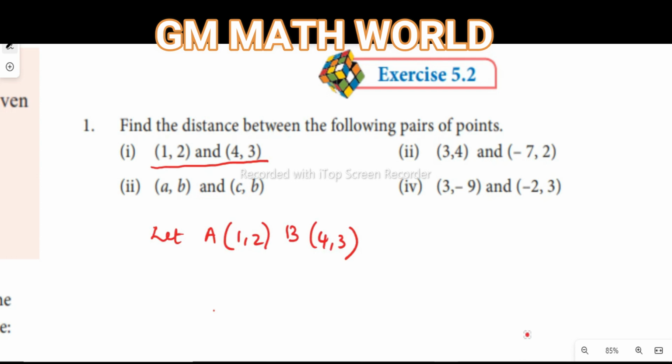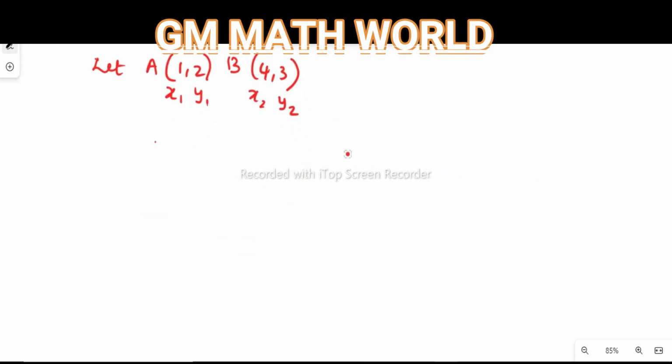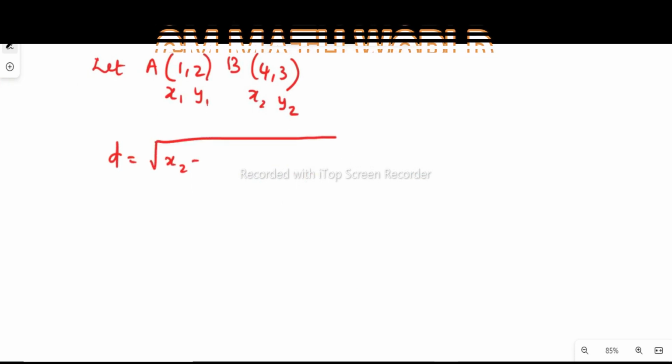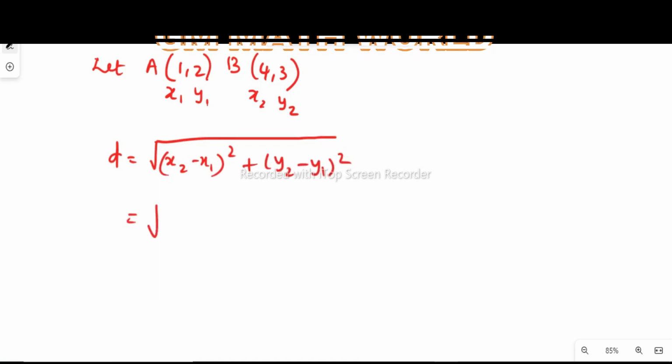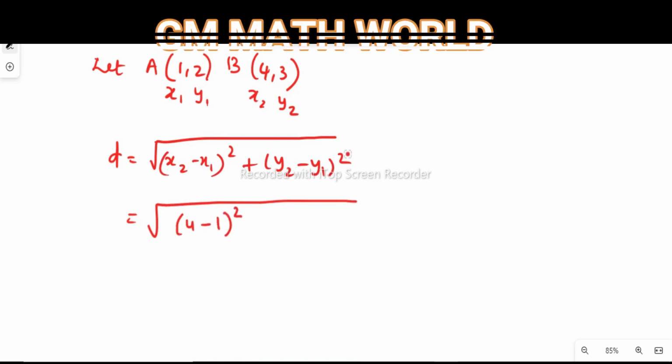Let the point A be 1, 2 and point B be 4, 3, and the distance between them is given by the formula square root of (x2 minus x1) whole square plus (y2 minus y1) the whole square. Here x2 is 4 minus x1 which is 1 the whole square, plus y2 which is 3 and y1 which is 2.